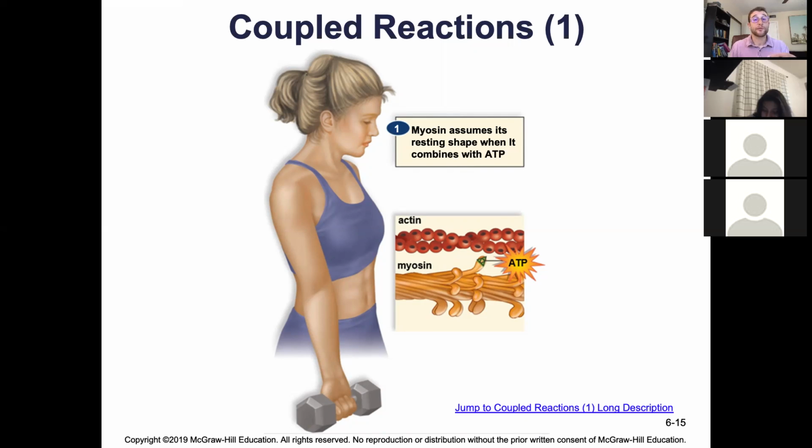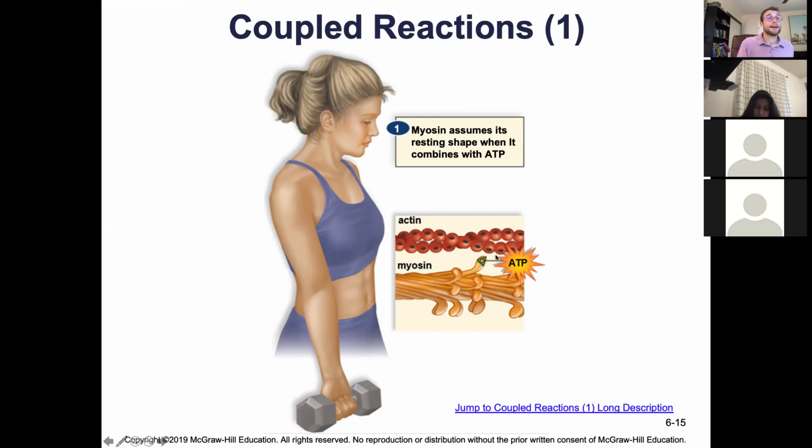When you get super microscopic, you get an actin and a myosin, and they pull on one another. And the way that they pull along one another is myosin has these little heads that come up. So these little heads, when they come up, they don't do anything when they're in their resting spot.